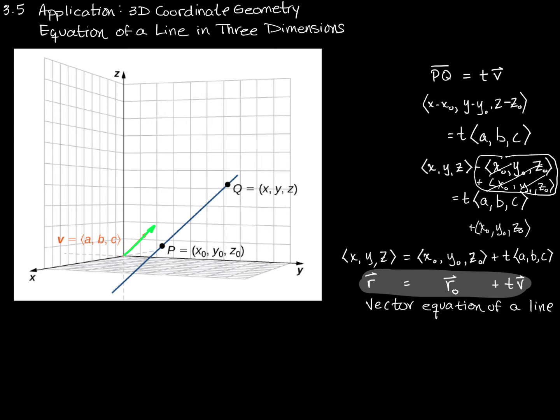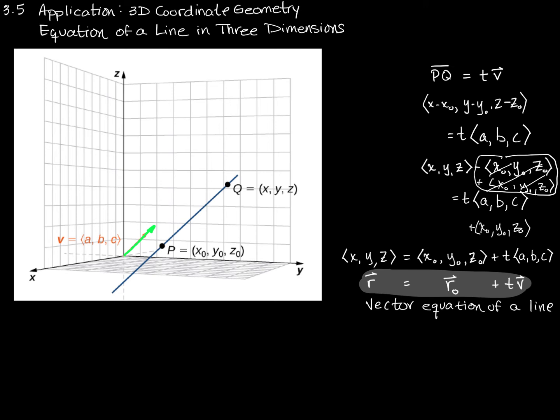And so for this equation to be true, it must also be true that x minus x naught equals ta. You can also see that down here. x has to equal x naught plus ta. In this version, the x naught was on the left-hand side of the equation. In this version, it's on the right. So it sounds a little different, but it's really the same thing.